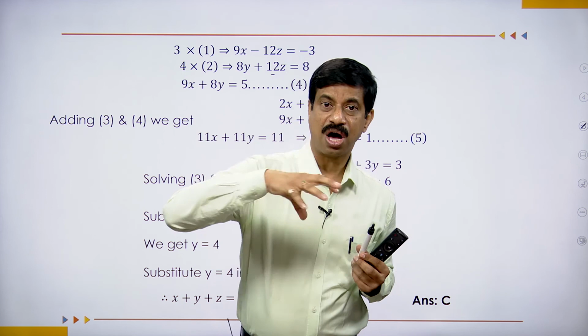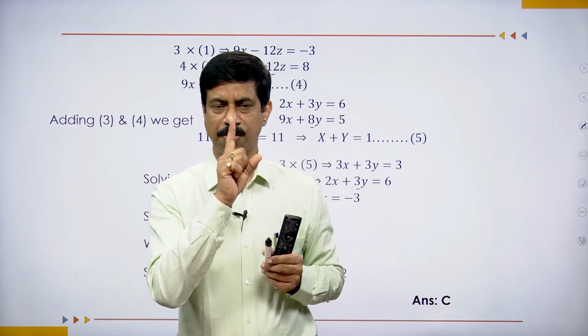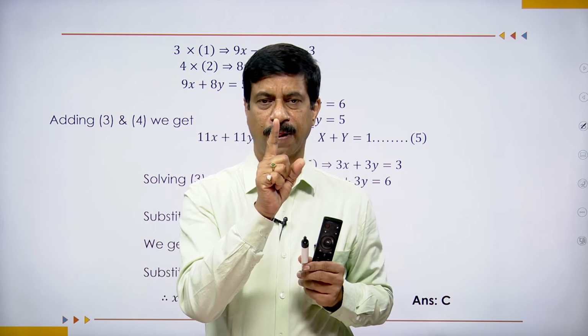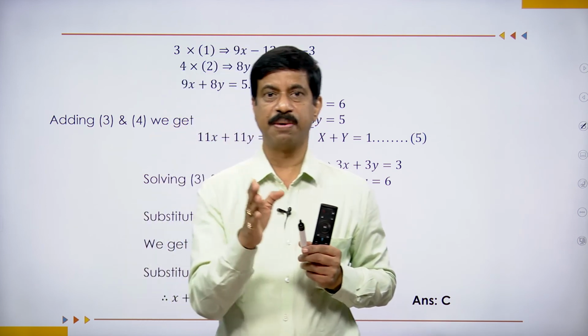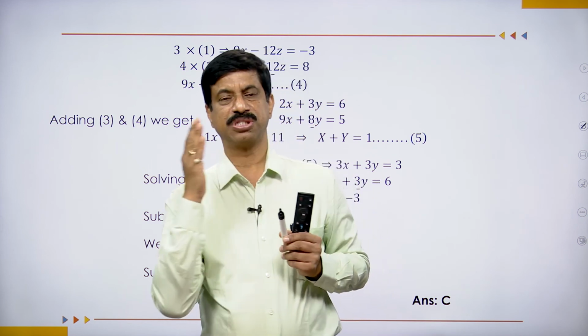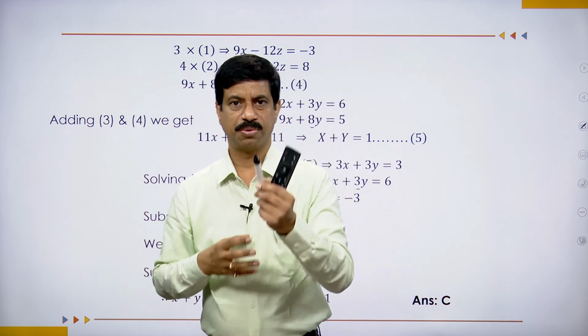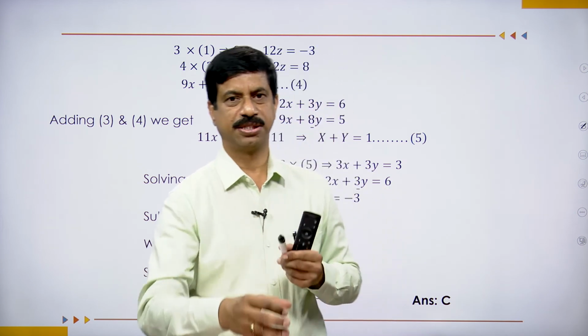Try to apply the concepts that you know to a situation and try to solve the problem. See, formula application is one method. But if formulas are not remembered, you are stuck at a point in an examination hall and you cannot proceed further. So I don't suggest you to use problem solving using formulas.